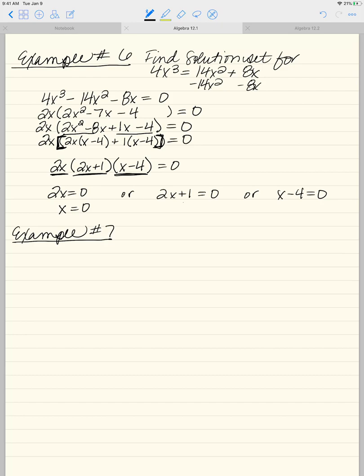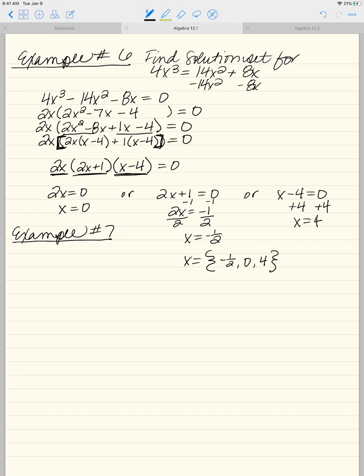For 2x plus 1, we subtract 1 from both sides, which gives us 2x is equal to negative 1. Divide by 2, x is equal to negative 1/2. Add 4 to both sides, x is equal to 4. So the solution set for this one is x is equal to negative 1/2, 0, and 4.